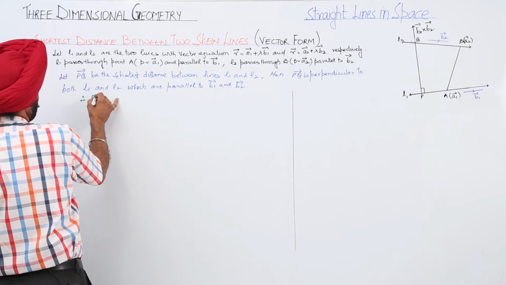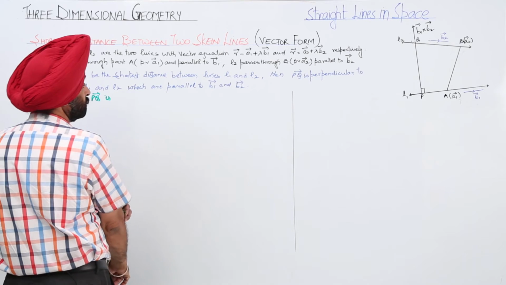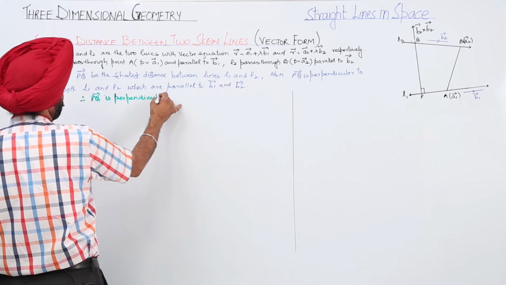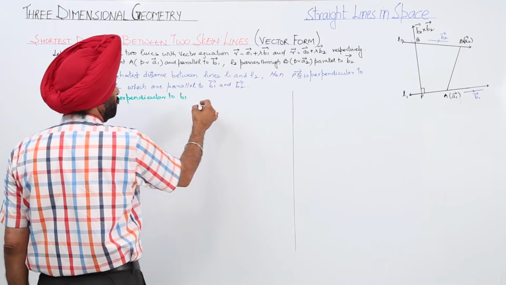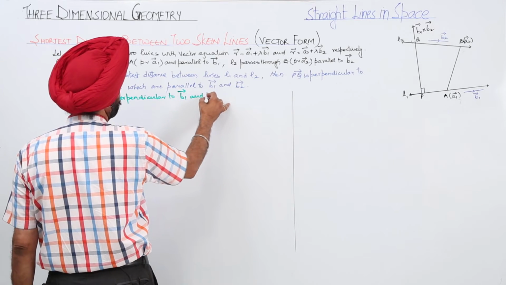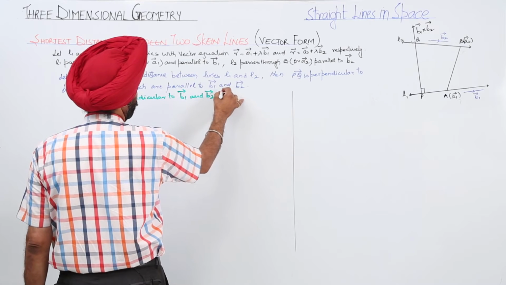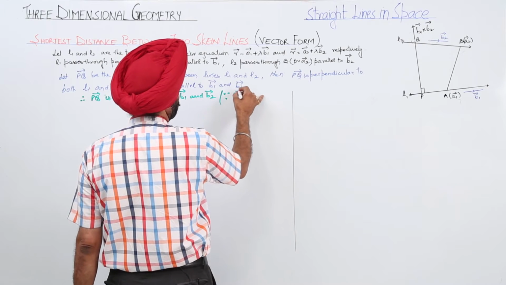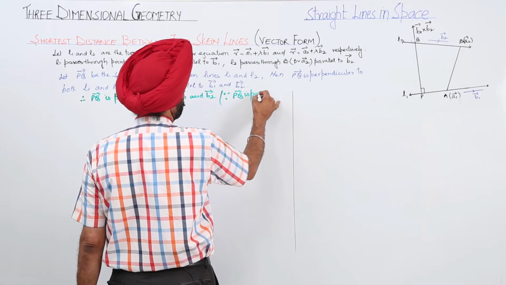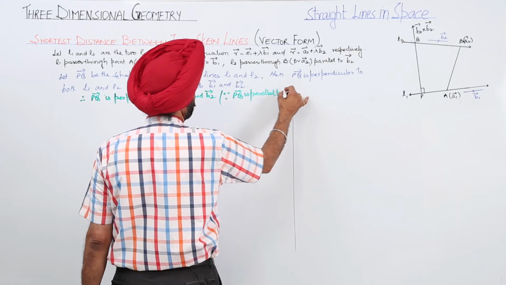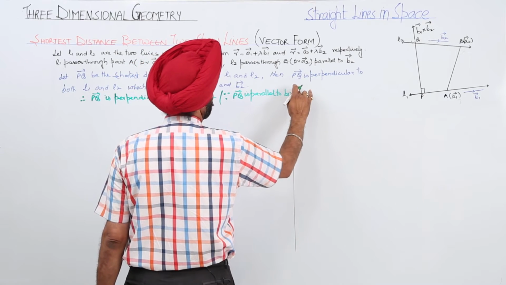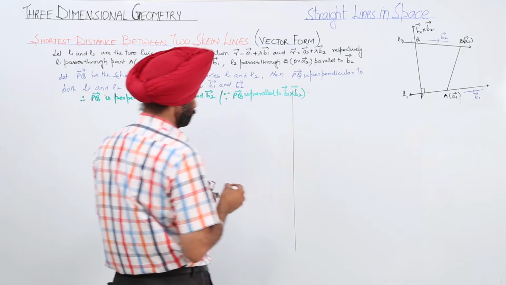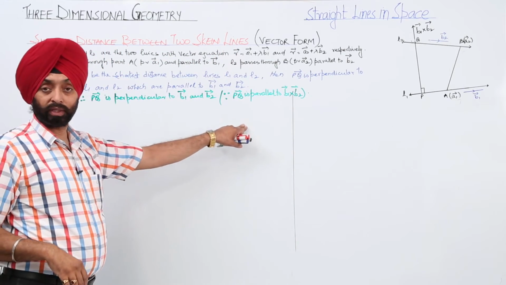Therefore PQ is perpendicular to vector b1 and vector b2, such that PQ is parallel to vector b1 cross vector b2. Now this is the main thing, that's why I have written it in green.